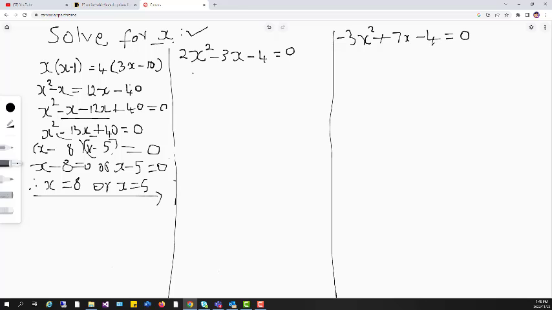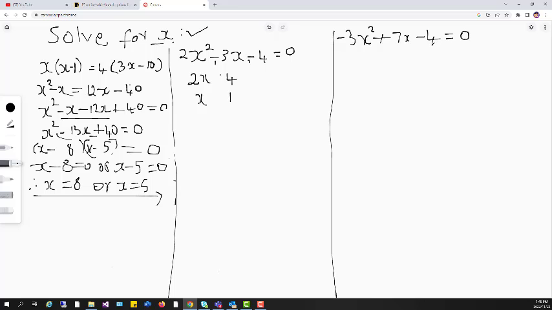The next one is 2x squared minus 3x minus 4. Let's think of the terms now. The terms of 2x squared will be 2x and x. And then that of 4 will be 4 and 1. Let's see if this works. Since the first one is a negative and the last one is a positive, the other bracket will be negative and the other bracket will be positive.